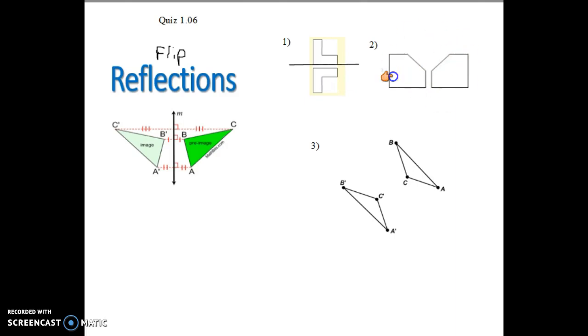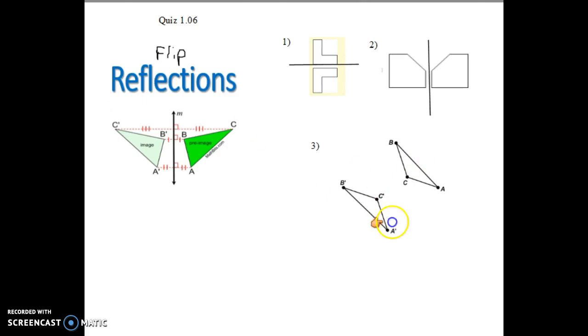Same thing with here. If we slid this over, then this part would be over here. And so this is a flip or a reflection. And we could draw in our line of reflection right here. Of course, that's not very straight, but if we drew our line of reflection and flipped that over, they would match up.